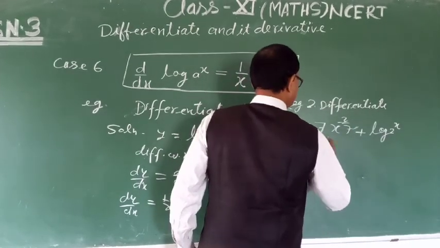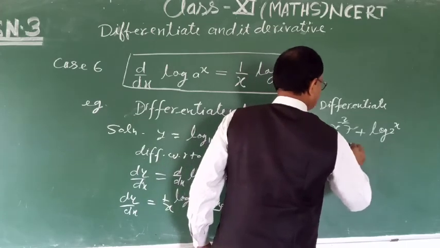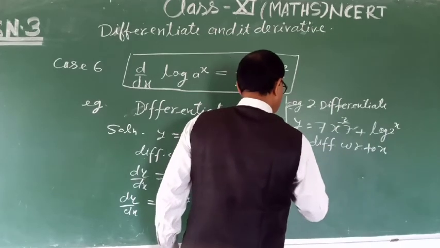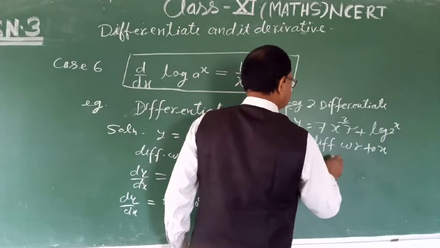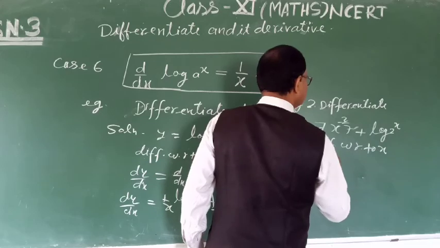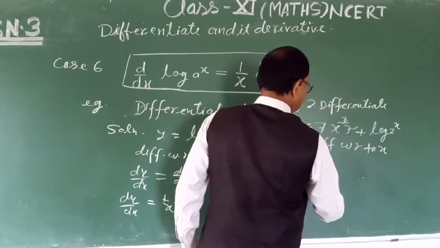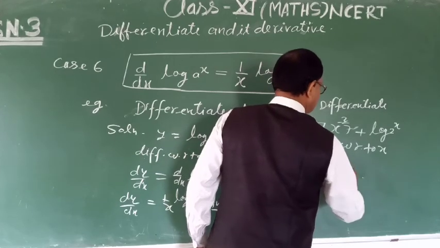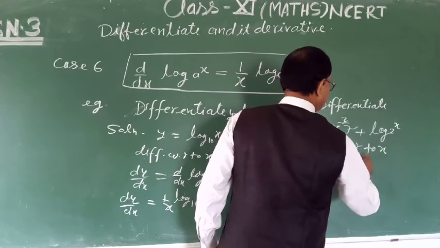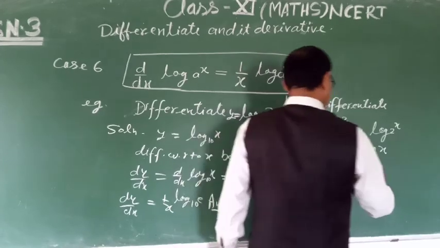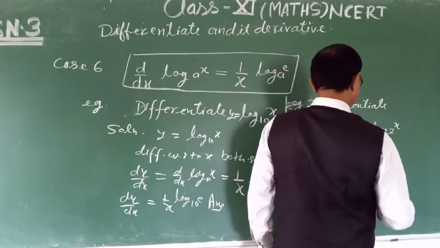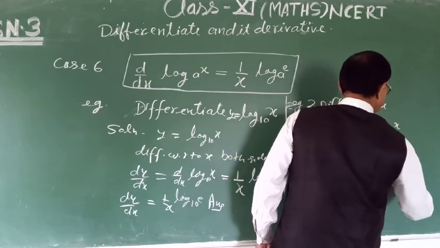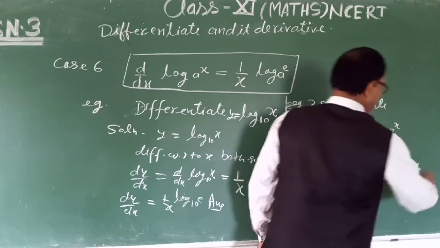Differentiating with respect to x on both sides, we get dy by dx is equal to 7 d upon dx x power minus 2 by 7 plus d upon dx log 2 power x.